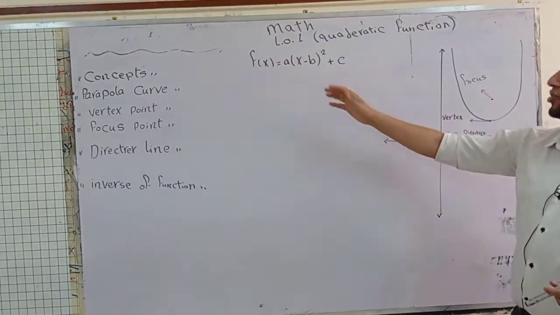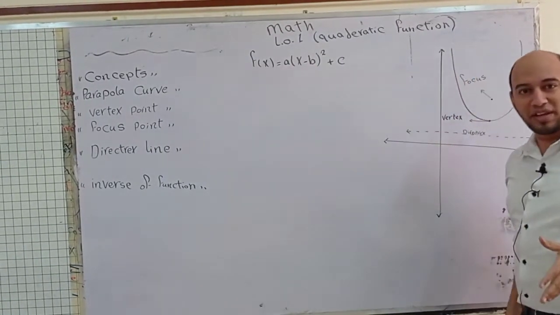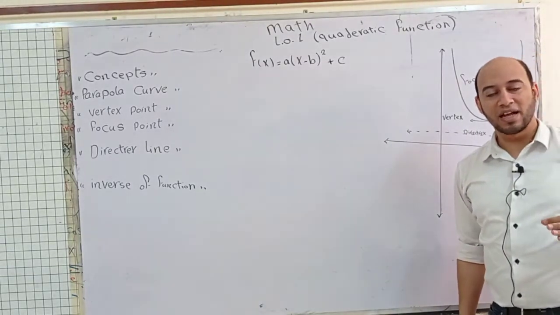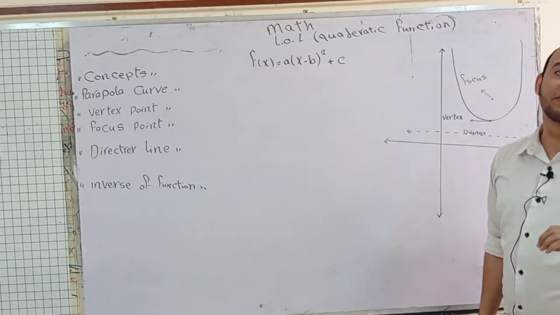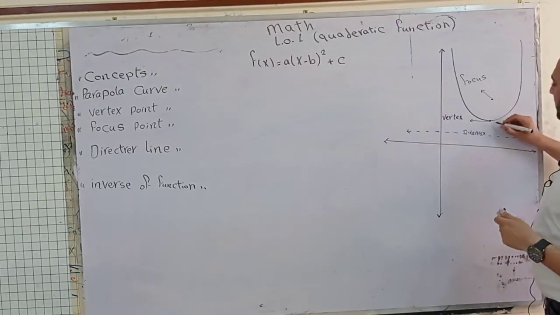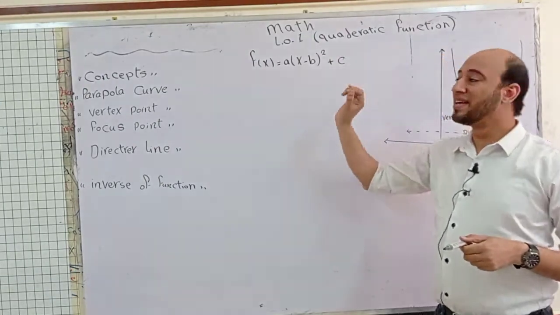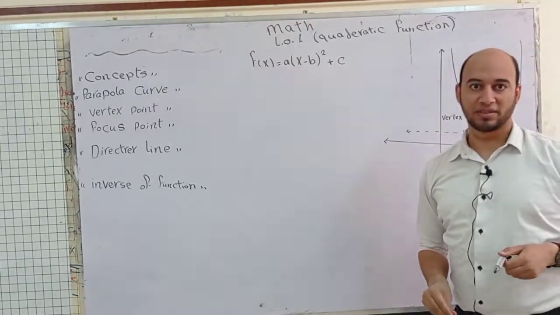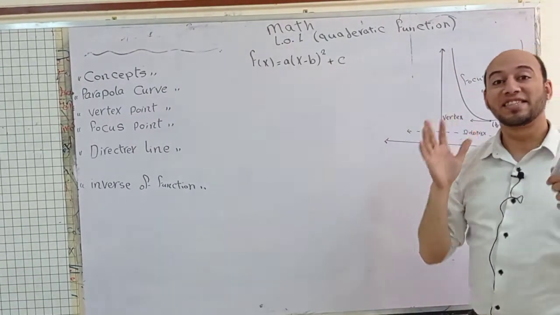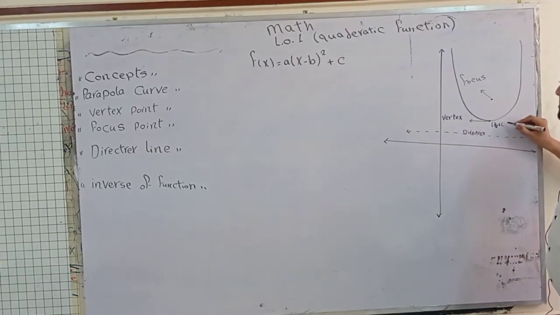In this vertex shape, this number b is the x coordinate of the vertex point. Then the x coordinate is b. The y coordinate is the constant here, which equals c.